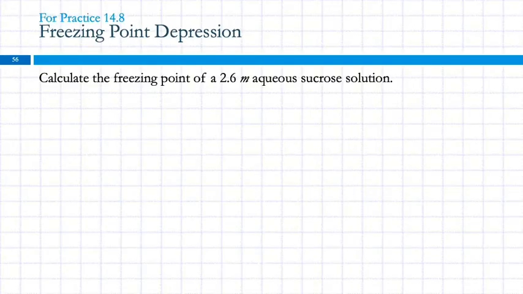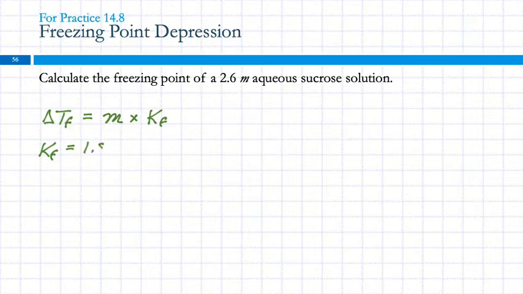So we can do a problem like this. Calculate the freezing point of a 2.6 molal aqueous sucrose solution. We need the equation: the change in the freezing point is equal to the molality times the freezing point depression constant. The freezing point depression constant for water is 1.86 degrees Celsius per molal, and I only remember that because we just looked at the slide.